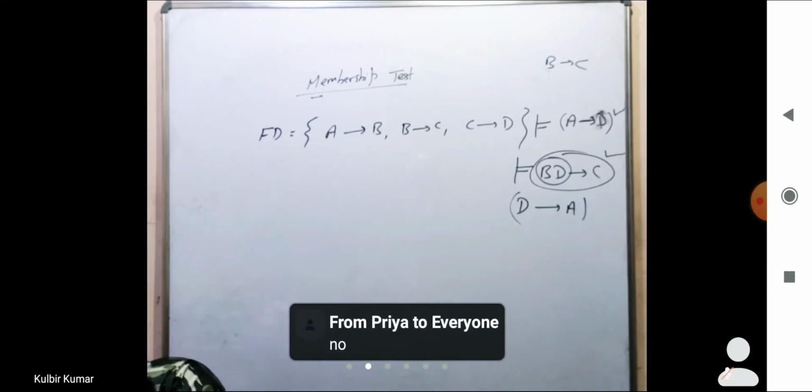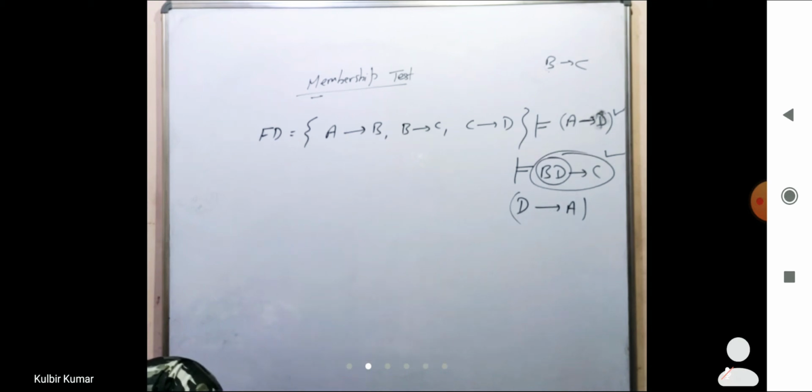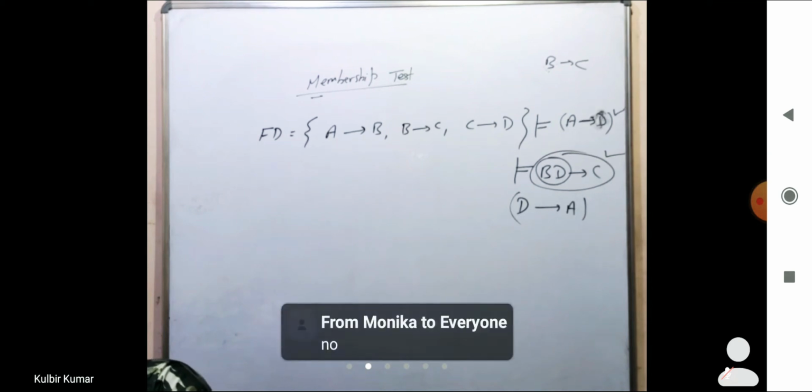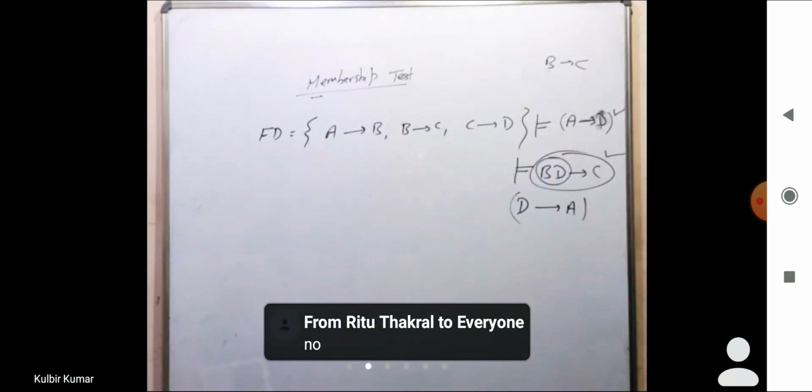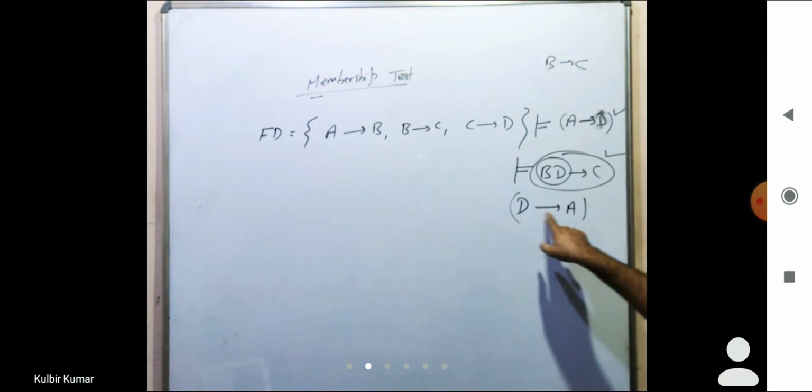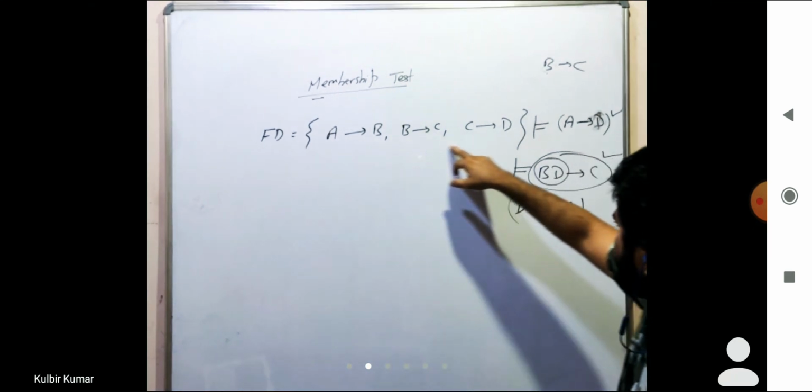How can it be yes, Anu? I think it is no. You take the closure of D and you are not able to find A. Is D goes to A directly visible? No, it is not visible.